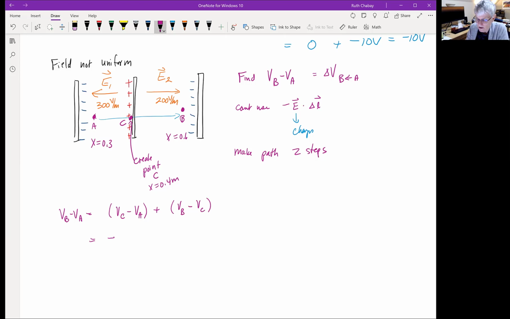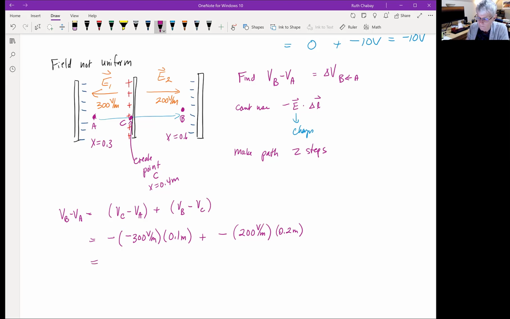So we can say it's minus Ex delta x, which is minus negative 300 volts per meter times 0.1 meters, since we're going from 0.3 to 0.4 meters in the plus x direction, plus a minus, now we have a plus 200 volts per meter, and we're going 0.2 meters in the x direction.